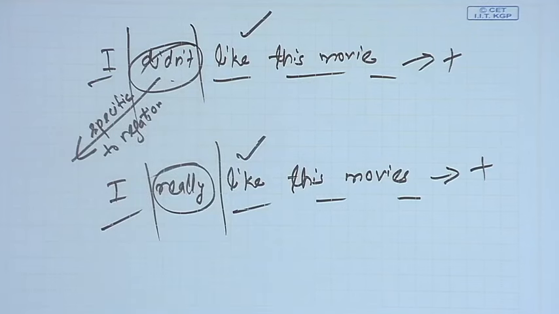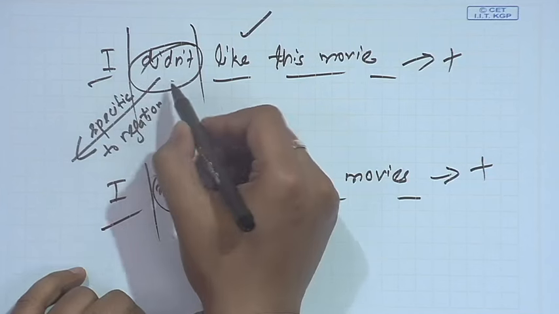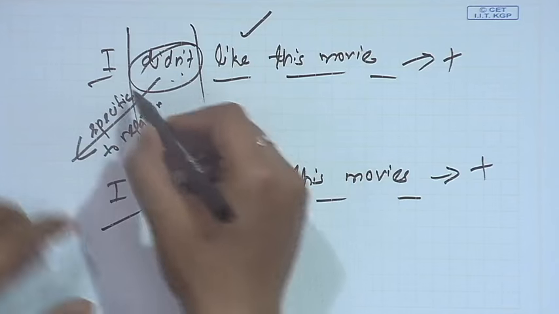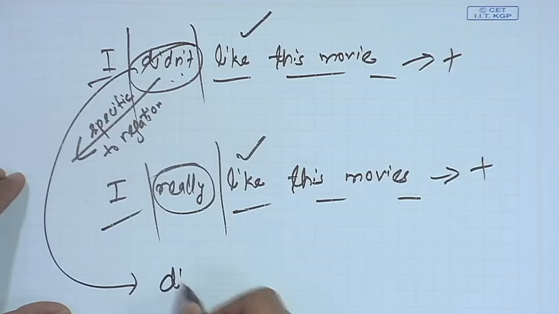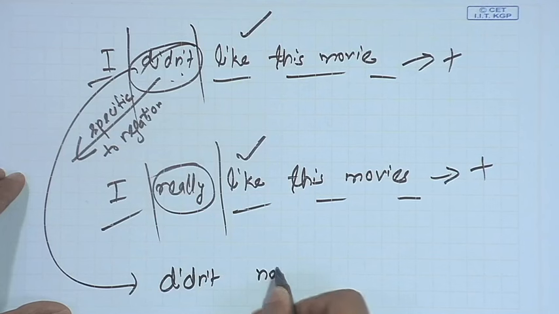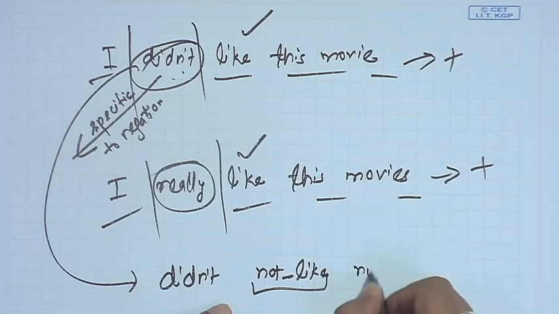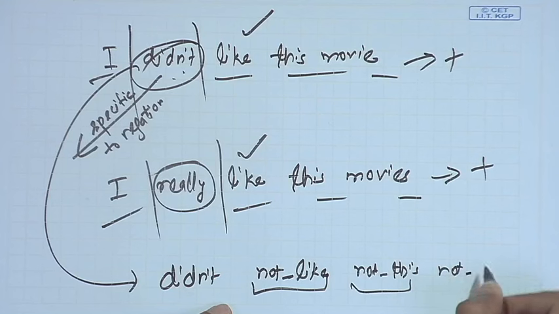And while there are many different ways we can handle that, one interesting idea is you apply not to all the words that are following this. So you convert that to, okay, I have didn't, then not like. So it becomes a different token, right? Like is one token and not like is another token. Not this and not movie, something like that.